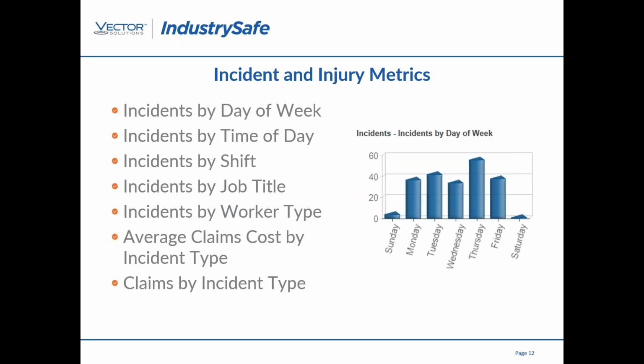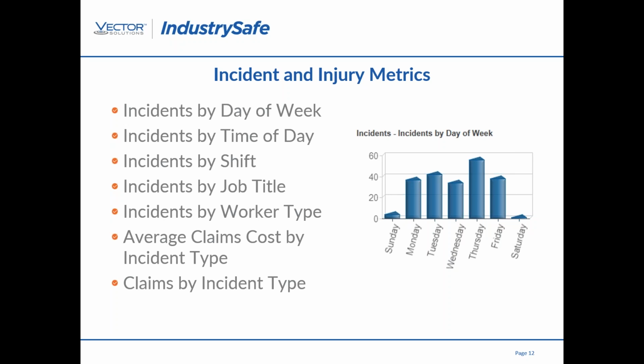Some other metrics that are important: incidents by day of week, incidents by time of day, job title, and these are all key, I think, components when you're looking at how you can take that incident data and help you provide appropriate training. Because if you are seeing, for example, that incidents are occurring at a certain time of day, you may want to have specific training, like how to drive at night.